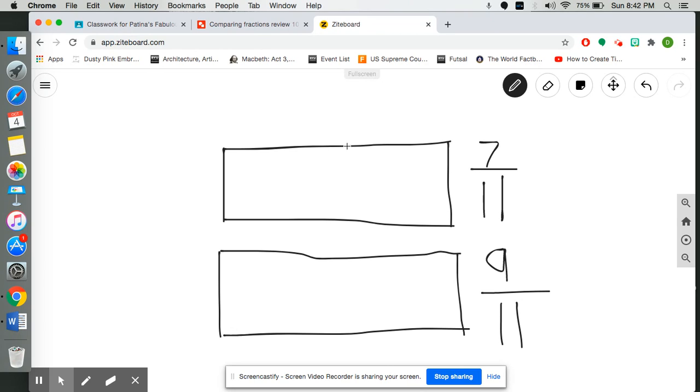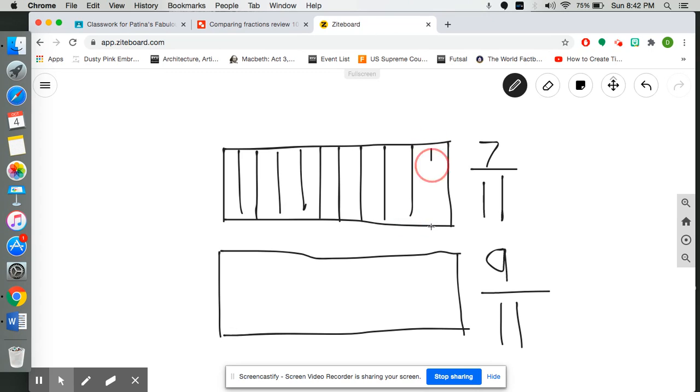So I'm going to split half here. I'm going to do 5 pieces here. I'll do 6 here. 1, 2, 3, 4, 5, 6. And then I'll do 5 pieces over here. 1, 2, 3, 4, 5.